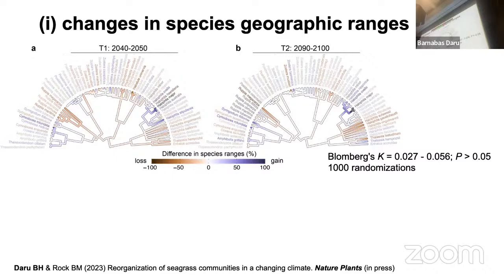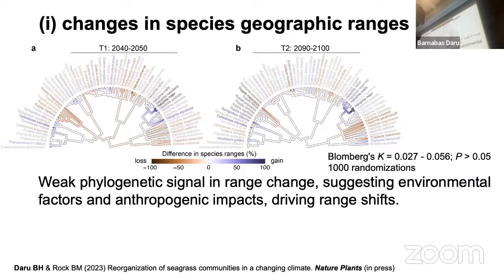And so we wanted to know whether closely related species tend to share similar changes in their ranges. And we found that there will be weak phylogenetic signal in range change, suggesting that other non-phylogenetic factors like the environment and anthropogenic change may be driving range changes in seagrasses.